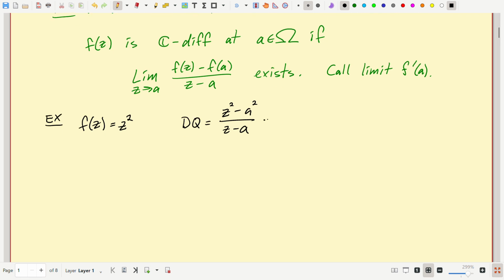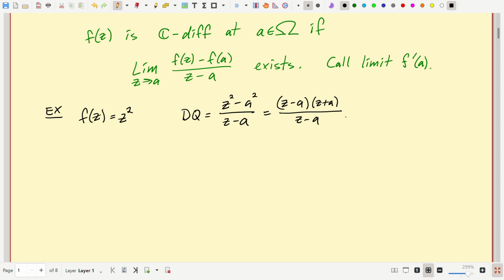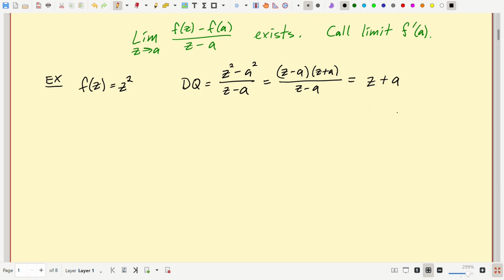And that z squared minus a squared, like in freshman calculus, factors into z minus a times z plus a. And we say, aha, the z minus a's cancel, and that thing that's going to 0 in the denominator as z tends to a goes away. And so I get here z plus a. And of course, as z tends to a, that tends to a plus a.